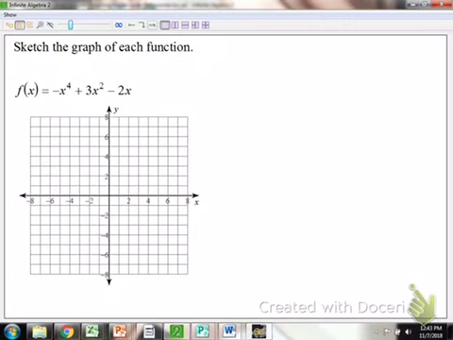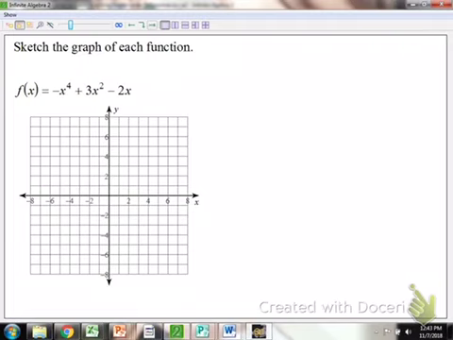I don't know if we'll do the remaining problems, but let's do this one, because what's different about this one is that you should run into trouble when you're trying to think about what the possible rational zeros are, because there's no constant out here, right? 0 is the constant, which means only 0 is a possible rational zero, but that's not the case.